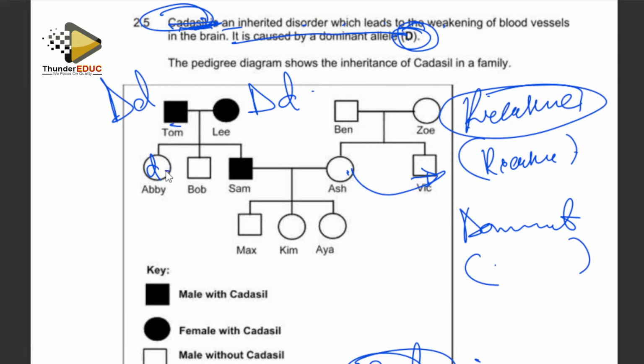So this small d came from here, and this one came from there. And then this one came from here, and this one came from there. You see? So Tom and Lee, who are affected by the disorder, you have to mention it, are able to produce normal babies, who are Abel and Bob. So it shows that it's caused by a dominant allele.